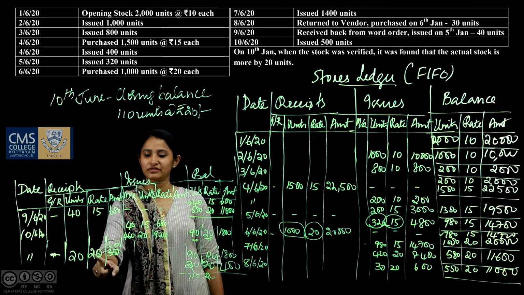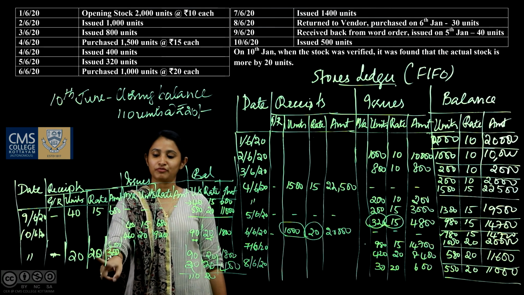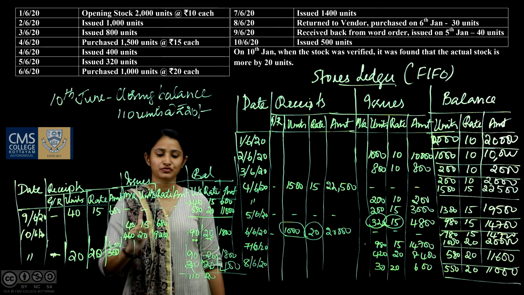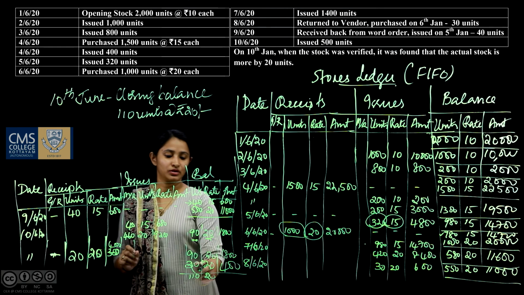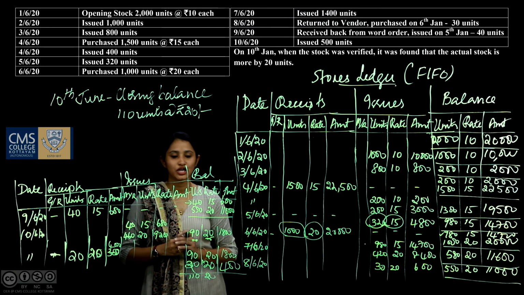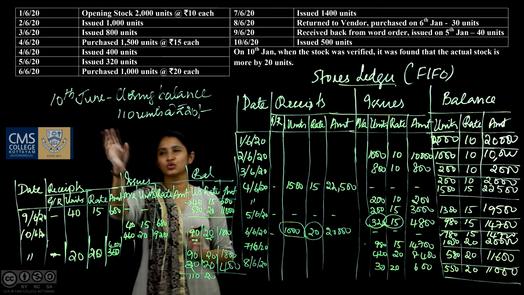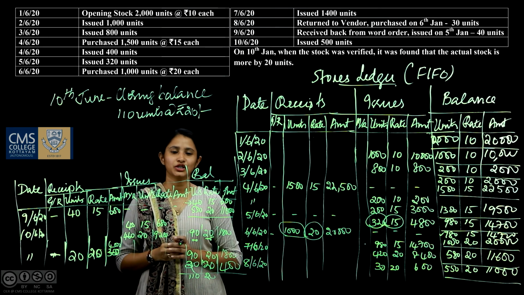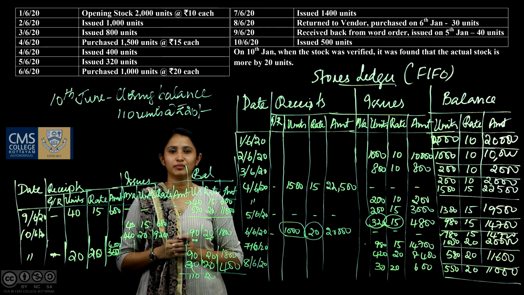At that unit rate we have to price the surplus. So we have 20 units surplus priced at 20 per unit, and the amount is 400. In total we have 110 units at rupees 20 per unit. So our closing stock on 10th June is 110 units at rupees 20 per unit.